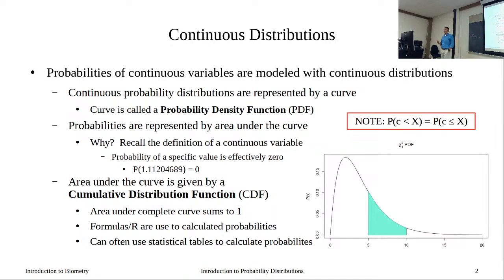Why? Well, it's based on our definition of a continuous variable. Our continuous variable can take on any number, including any decimal number. So if we ask, what's the probability of getting this exact number? It's actually very, very, very small because we could be at 890, we could be 891, we could be 890.01, and so forth. So collectively, the probability of getting this exact number is basically 0.